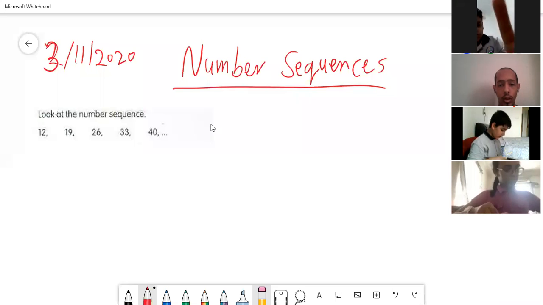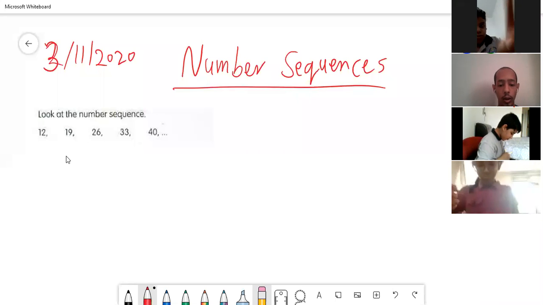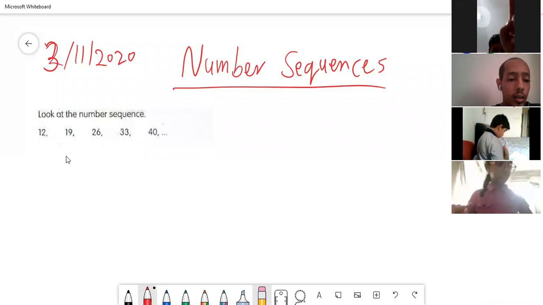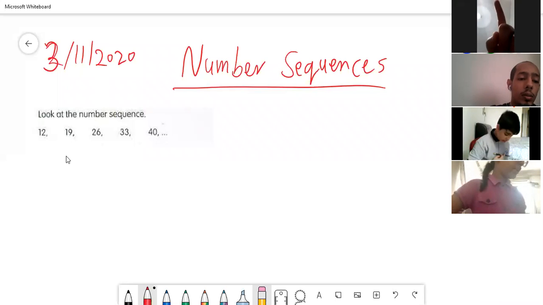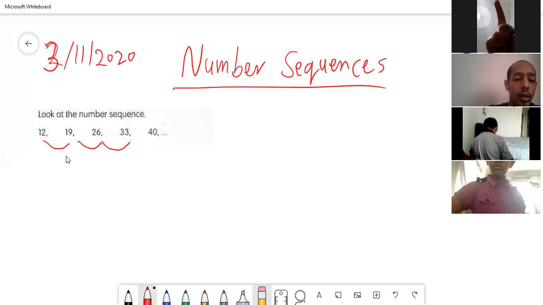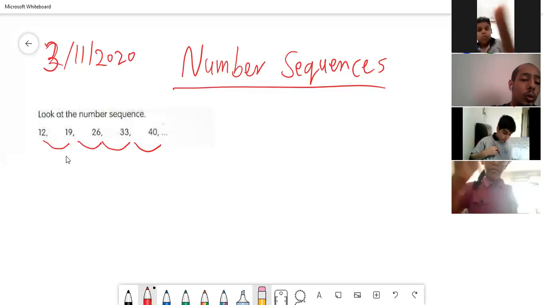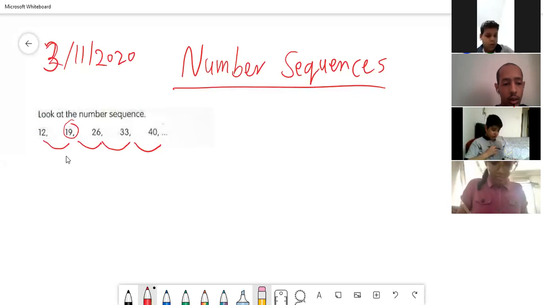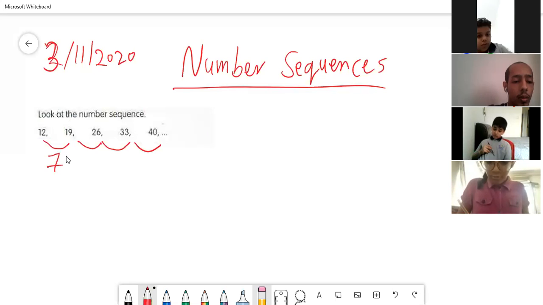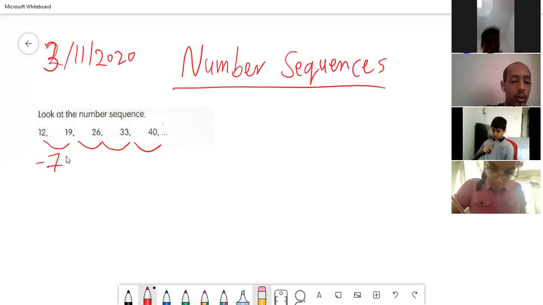For example, this is a sequence, okay? We can say this is a sequence because the difference between each two numbers is the same. The difference between 19 and 12 is 7. The difference between 26 and 19 is also 7.